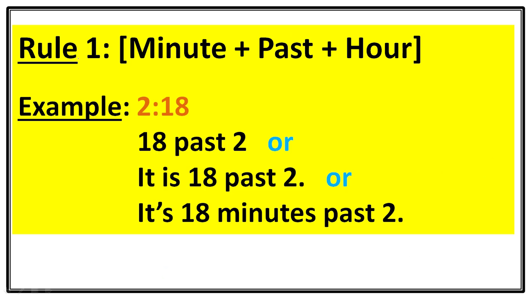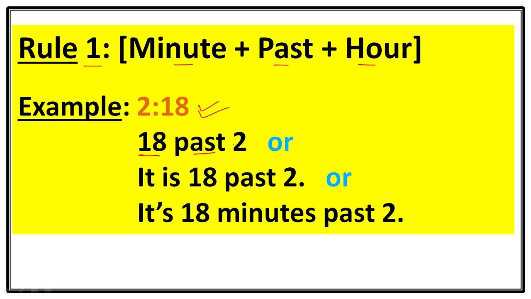Let's proceed. And here is rule number 1: minute plus past plus hour. This is the format. Suppose I have chosen a time 2:18. You have to tell this time in English. So you'll follow the above rule. First of all, you have to take 18 as a minute.